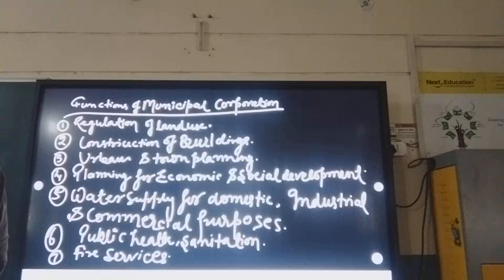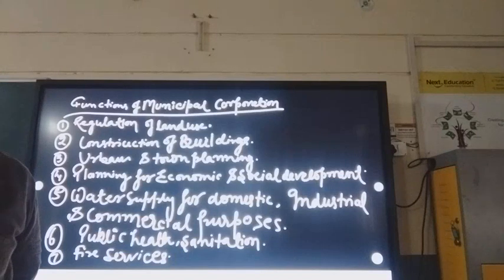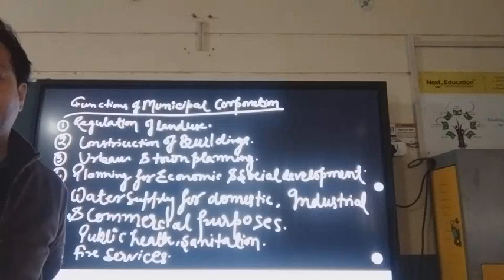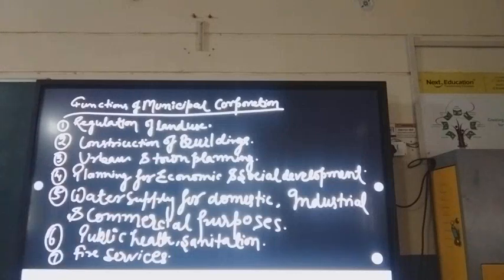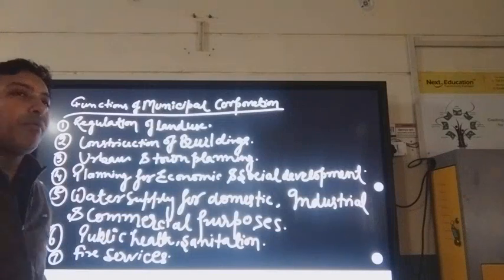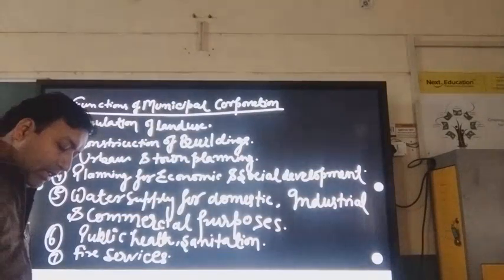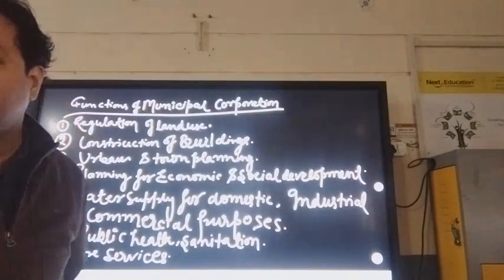The first one is obligatory or compulsory functions, and next is optional functions. It means functions depending on availability of funds. So see the compulsory functions, as given in the book, which I will discuss with you.